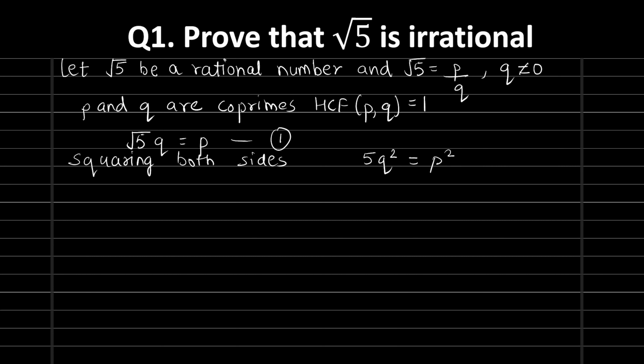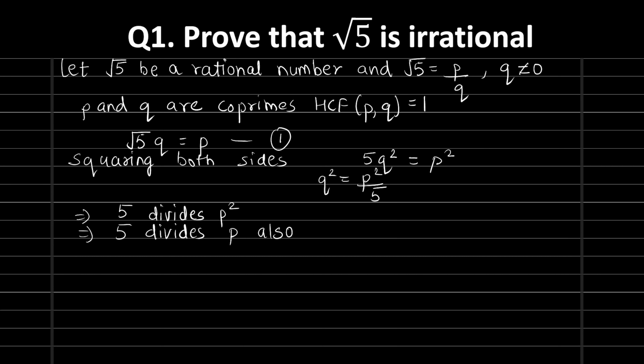So from this we can write down q square is equal to p square upon 5, which implies what? We can say that 5 divides p square. Now if 5 divides p square, 5 is a prime number, if it divides p square, then definitely 5 will divide p also. So we can write down 5 divides p also.